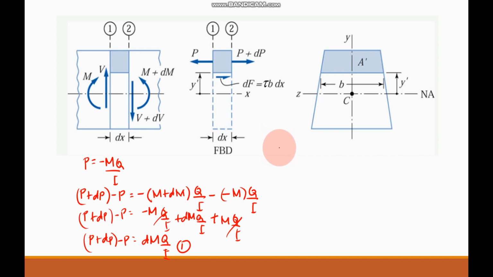We know that equilibrium can exist only if there is an equal and opposite shear force acting on the horizontal surface. So let the shear stress be the average shear stress acting on the horizontal surface. Therefore, the resultant would now be equal to differential F is equal to the shear stress multiplied by B multiplied by dx.